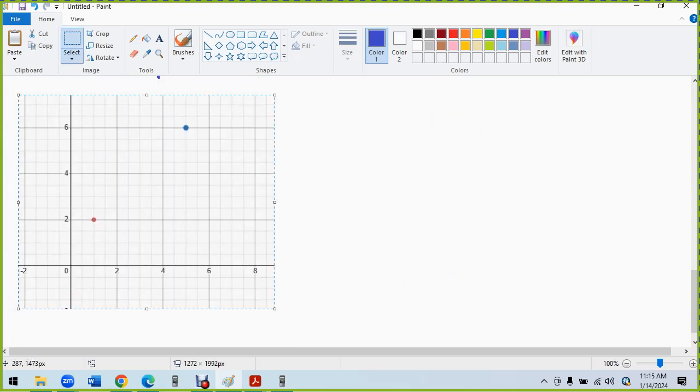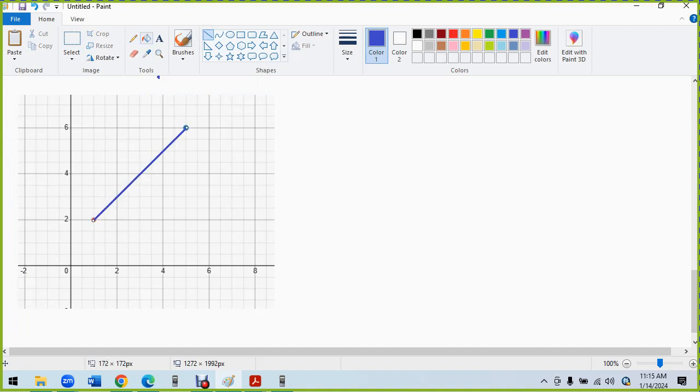Over here, I would like to show you how we find the equation for the distance. Let's say we have x1, y1 here and x2, y2 here. So we have a right angle triangle here.